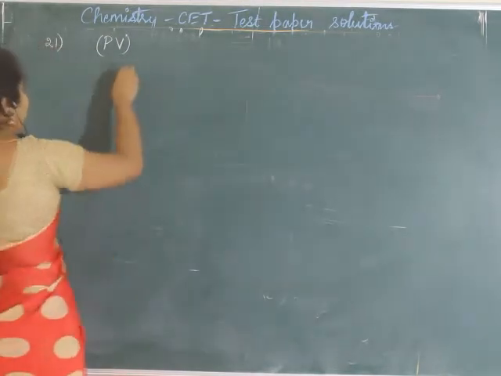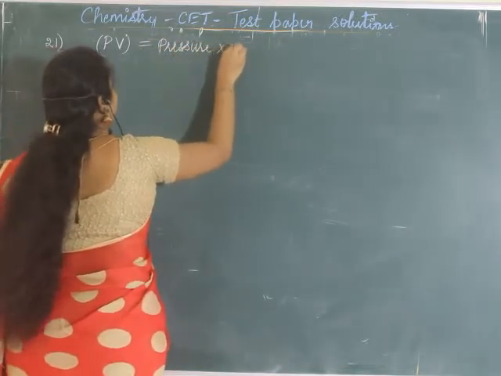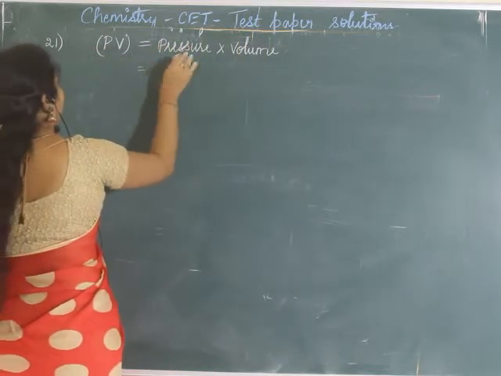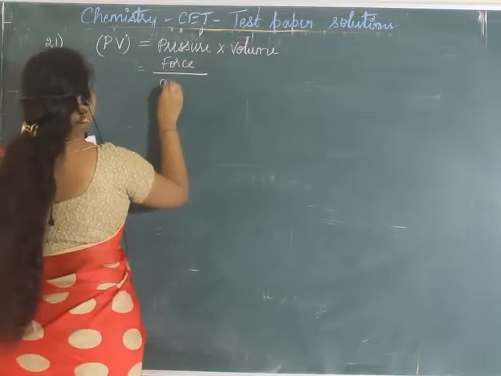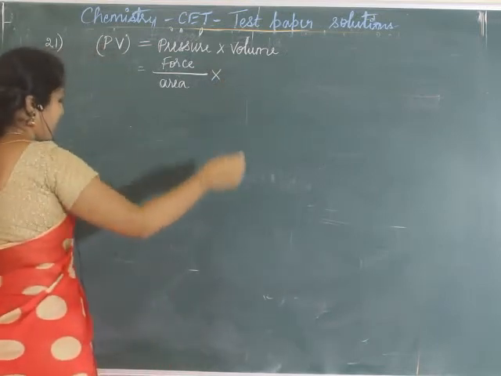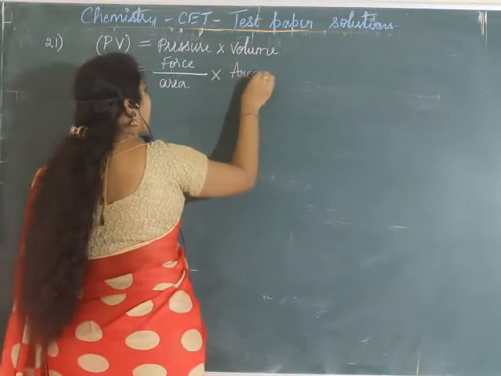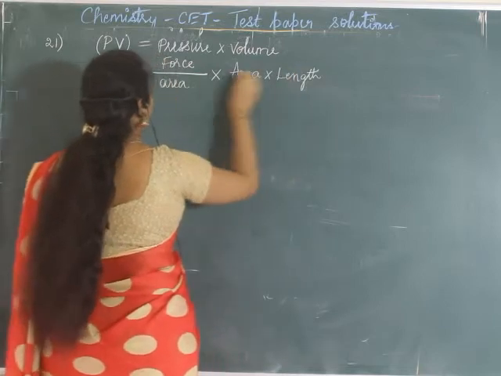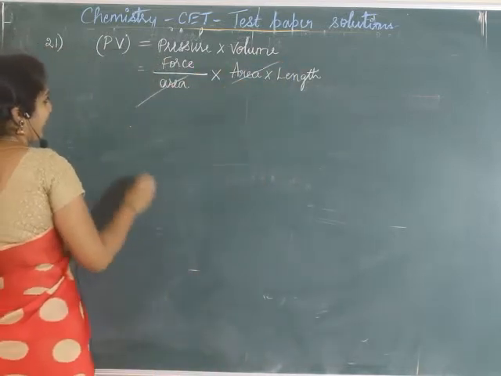So what we have to see: P means pressure, V means volume. Pressure is nothing but force per unit area. And here volume means length into length into length. I'll write it as area into length for simplification, so that the area gets cancelled.